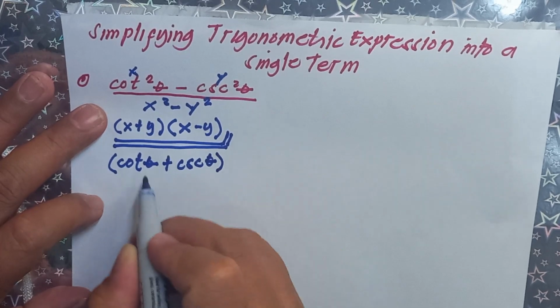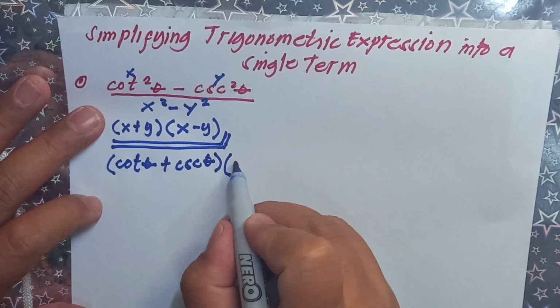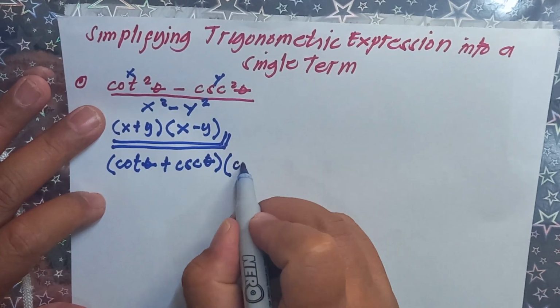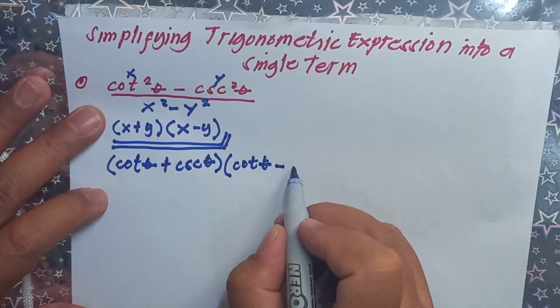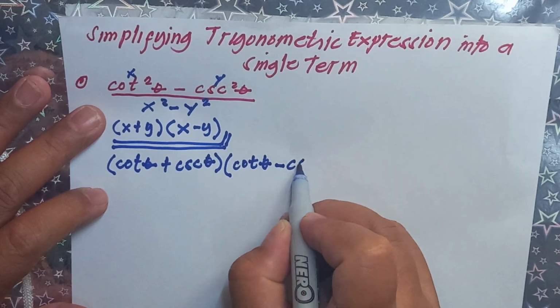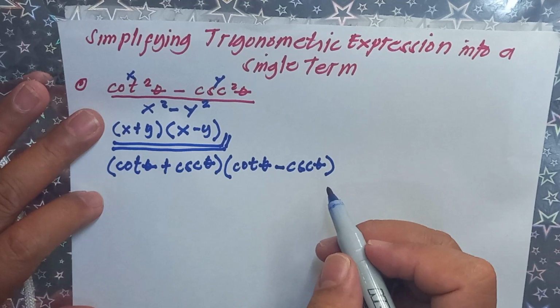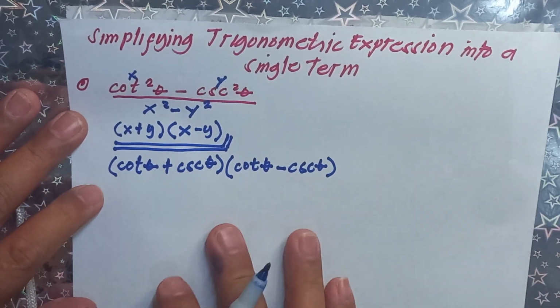That is one of its binomial factors. The other one is cotangent theta minus cosecant theta. That is the other binomial factor.